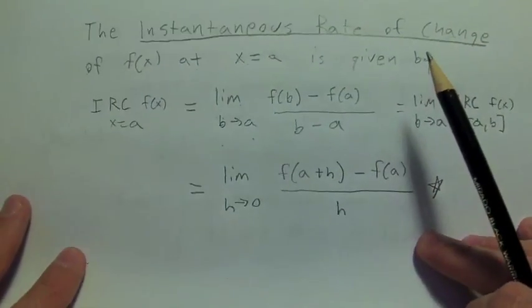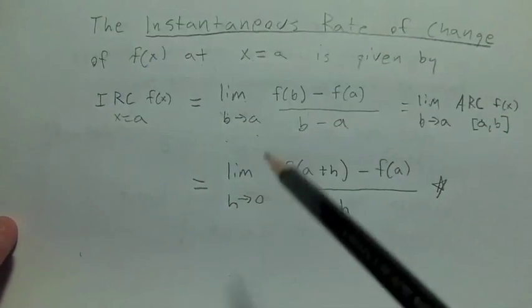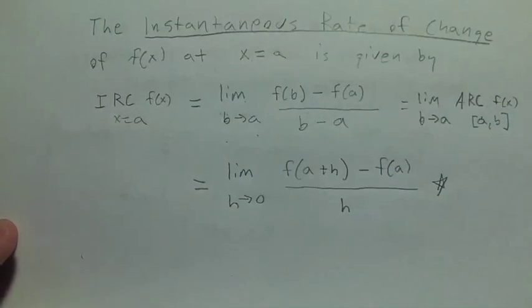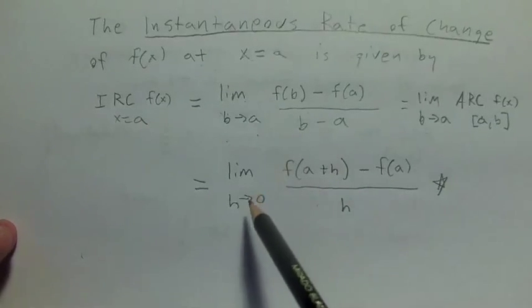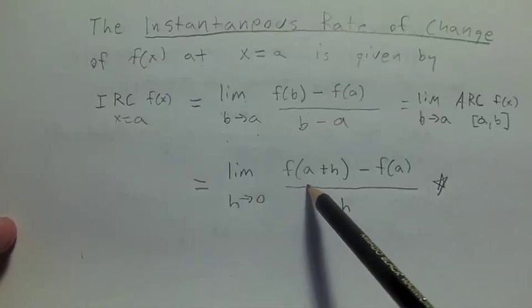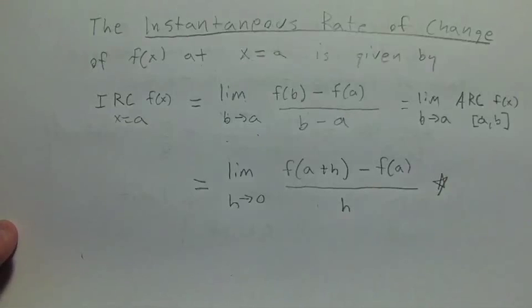Every once in a while you'll see the limit as b goes to a, but more than likely the instantaneous rate of change of f at a is given by this limit here: the limit as h goes to 0 of f of a plus h minus f of a all over h. So let me real quick show what's going on with this definition and why it's actually the same.